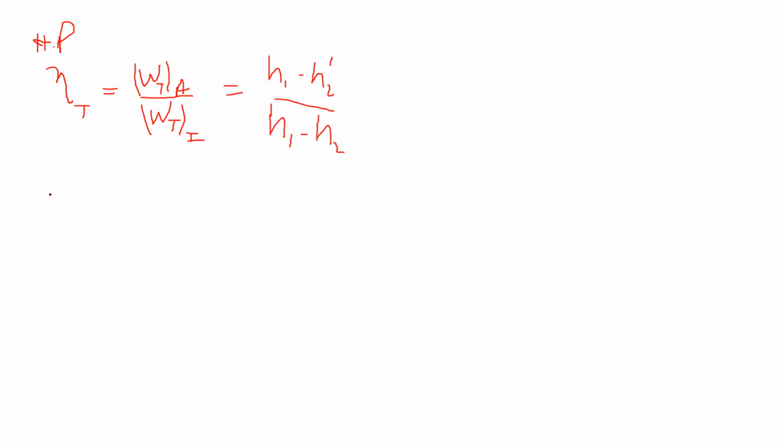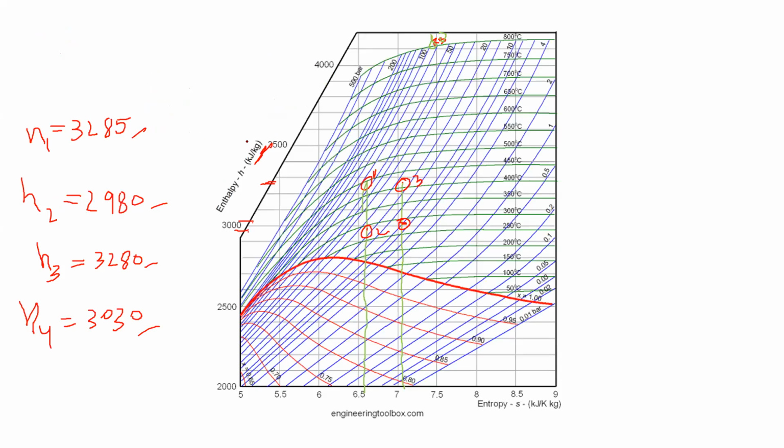So 0.785 is equal to, here we know H1 as well as H2. H1 is 3285 kilojoules per kg and H2 is 2980.